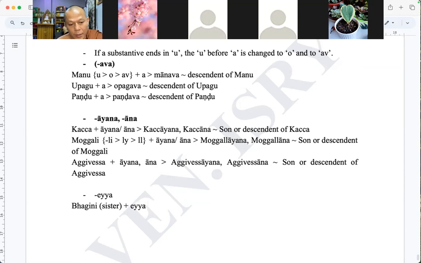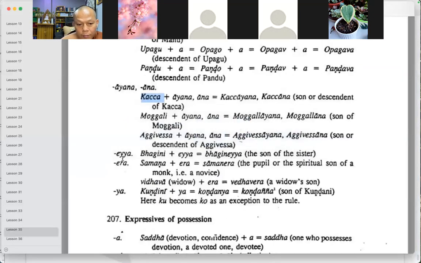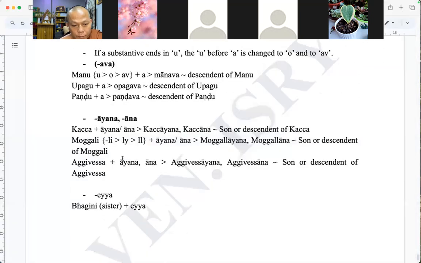So at that time, so this final A is dropped. So now bagi ni ya.